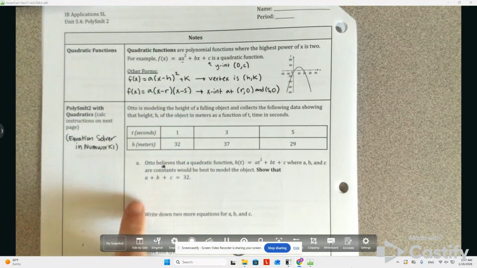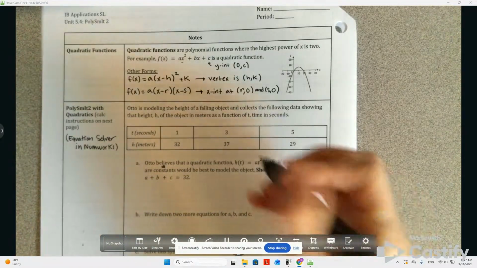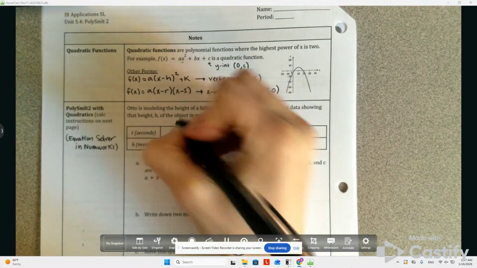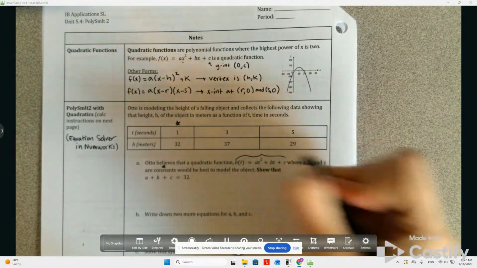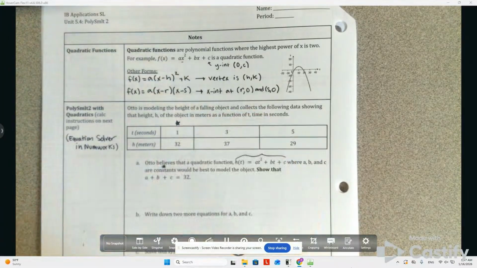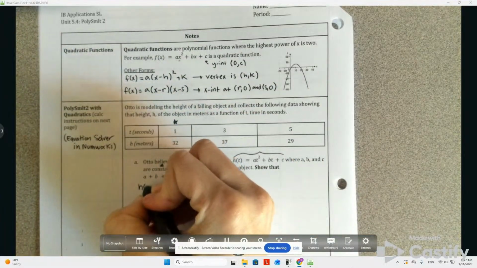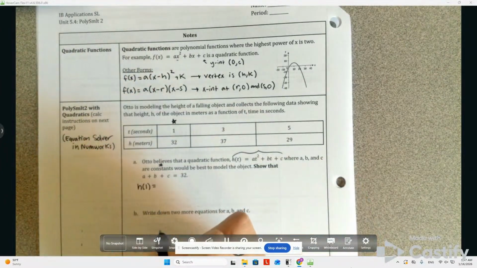This might seem like it's coming out of nowhere, like where on earth does that come from? But what it comes from is taking this data point and substituting into our function here. So if we do h of 1, that means anywhere we see t in our equation, we replace it with 1.